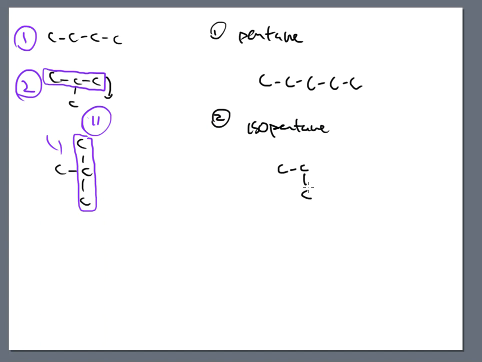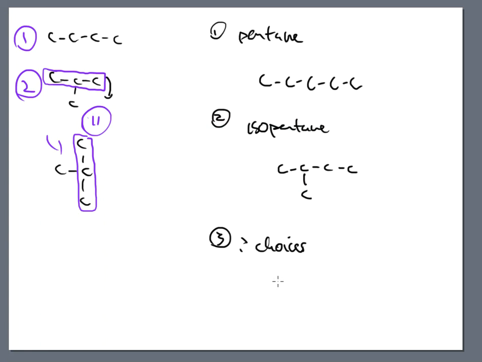So there's 3 in total. So here's my 4th, and there's my 5th. There you go. And now number 3 says, are there any other choices? Are there any other ways that you can draw pentane, 5 carbons, same number of hydrogens, and still draw it a different way with a different shape?